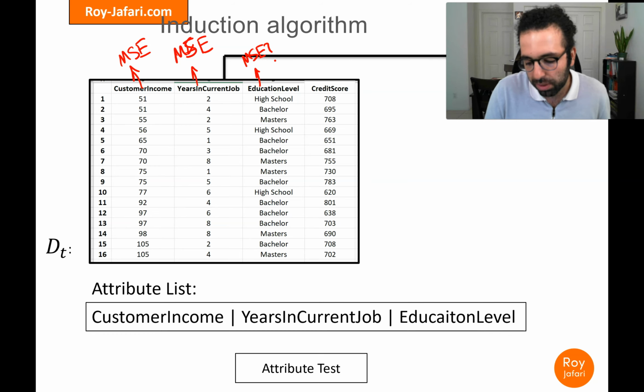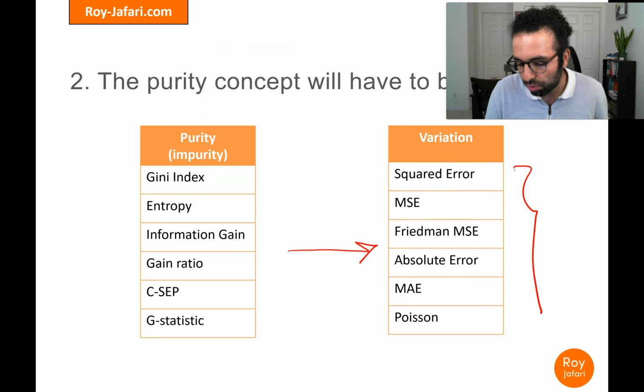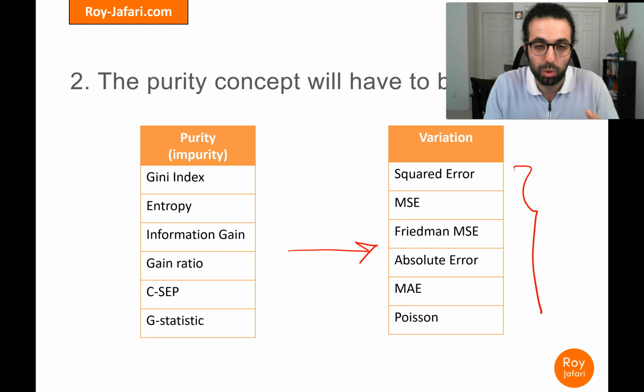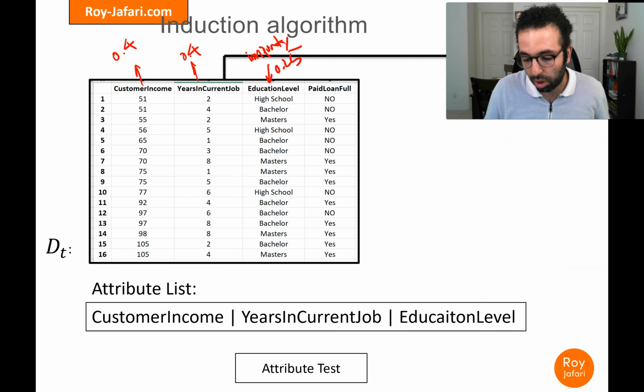This MSE could be different. Any of these, we could use them: squared error, mean squared error, Friedman mean squared error, absolute error, mean absolute error, and Poisson. It's one of the hyperparameters we could tune for our problem.